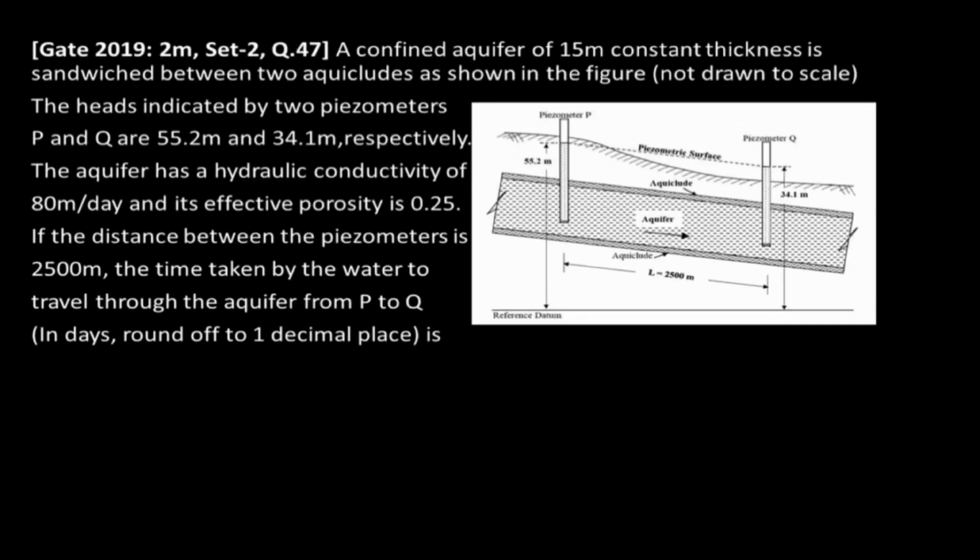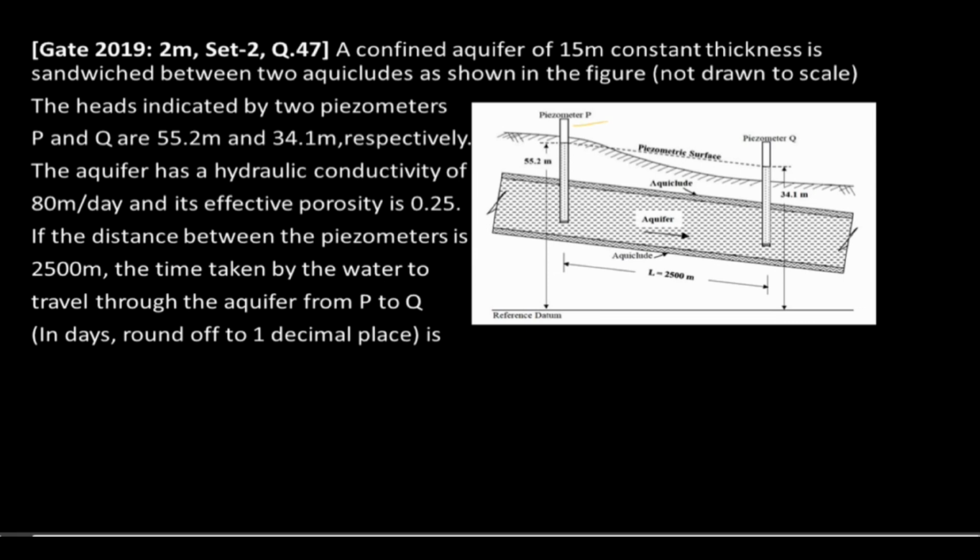They have given that water is moving from one point to another, that is point P to point Q, and they are asking us to find out the time taken by the water to travel from point P to point Q. Now let us write down the given data.